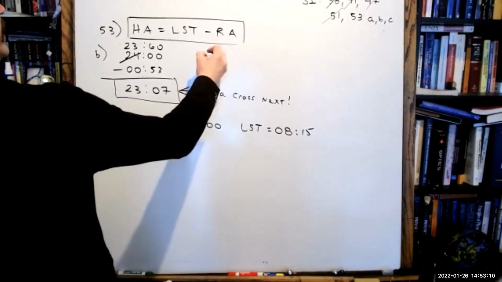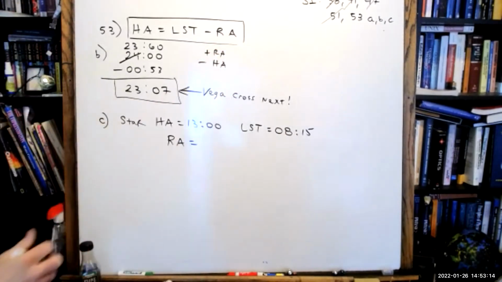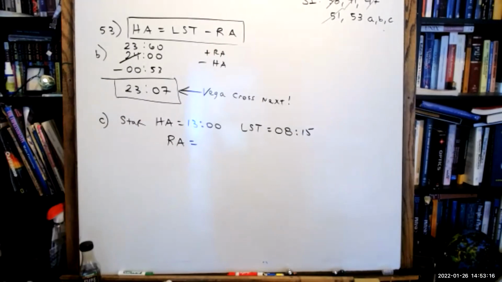Here's a hint. Add RA to both sides and subtract hour angle from both sides.